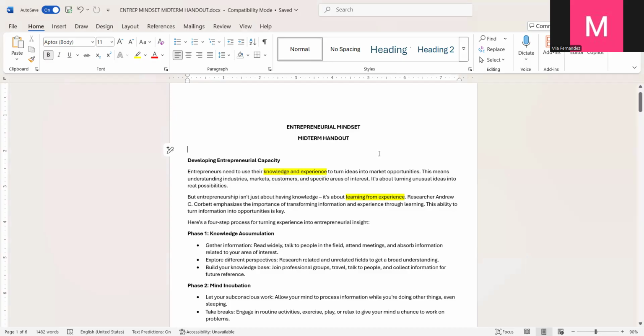So according to this, developing entrepreneurial capacity: entrepreneurs need to use their knowledge and experience to turn ideas into market opportunities. This means understanding industries, markets, customers, and specific areas of interest. It's about turning unusual ideas into real possibilities. It is noted that entrepreneurs need to use two things, knowledge and experience.